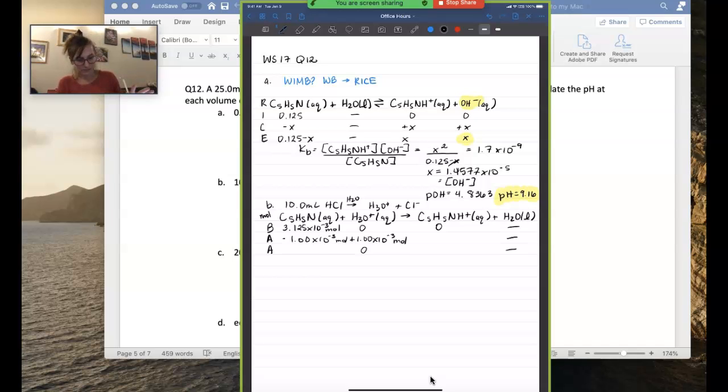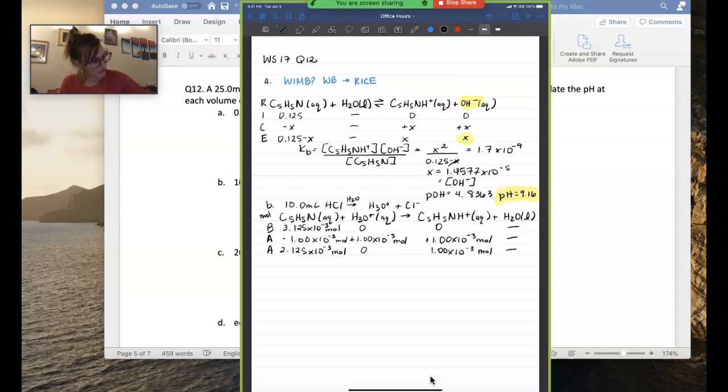And we end up with some of the pyridine left over. Now, as the pyridine is being consumed, what is being created? It's conjugate acid. Good. So we add 1 times 10 to the negative third moles here, and that's what we have after the addition.